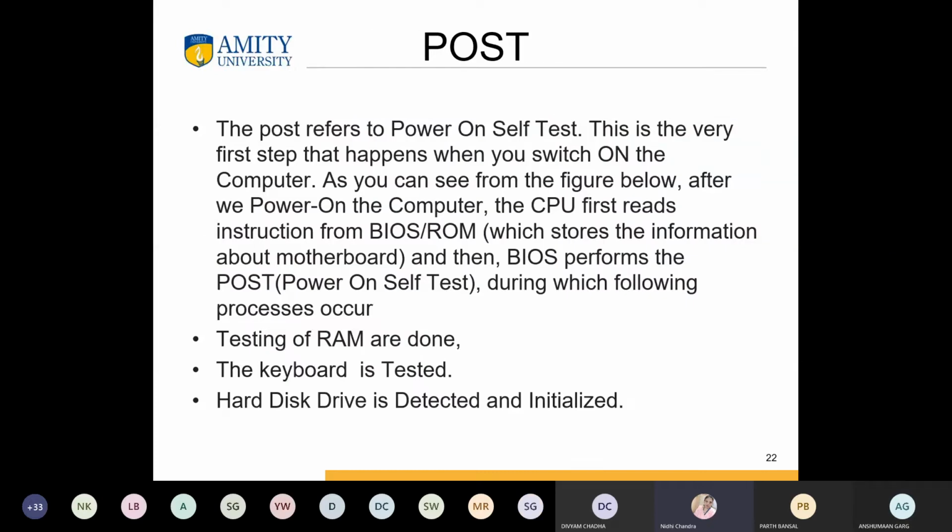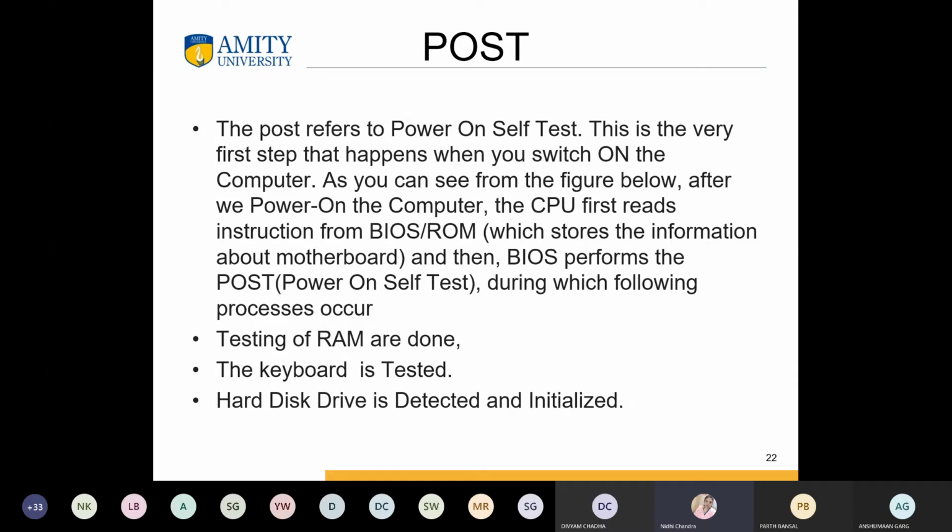Now this particular term we have touched upon in the previous lecture, which is your power on self test, which I told you has a major role to play when you start your computer. And what exactly do we mean by that? So this power on self test is the very first step that happens when you switch on your computer.